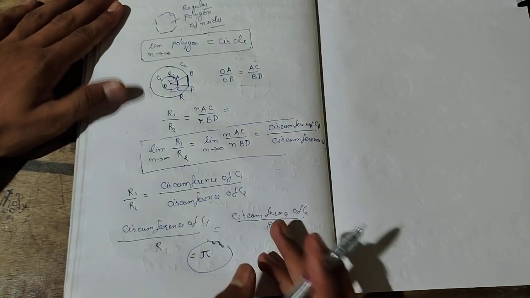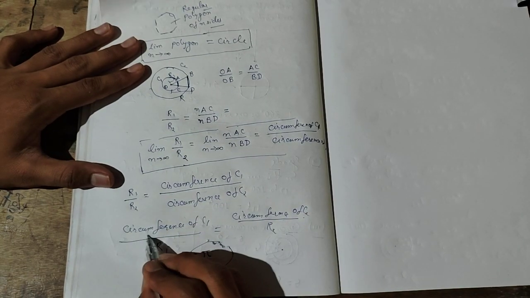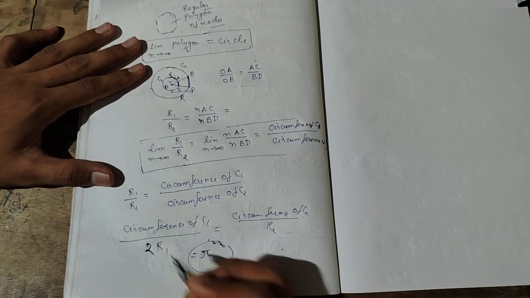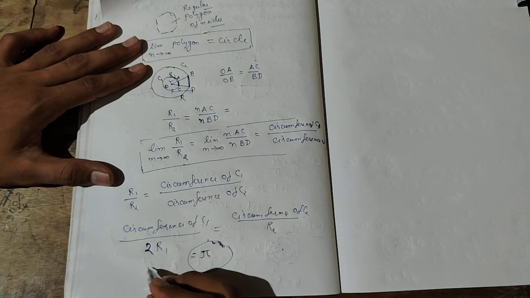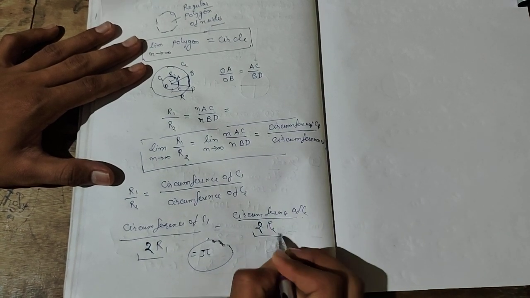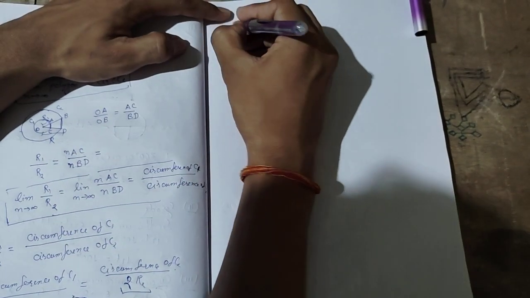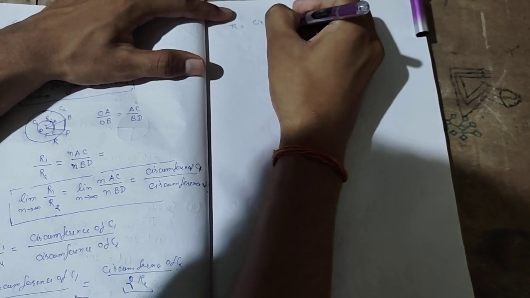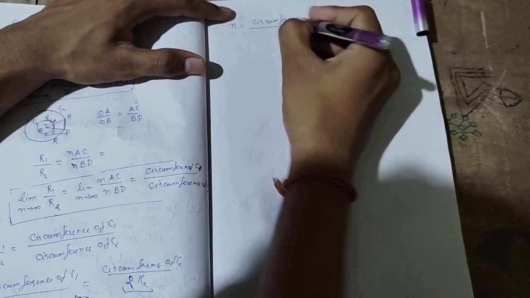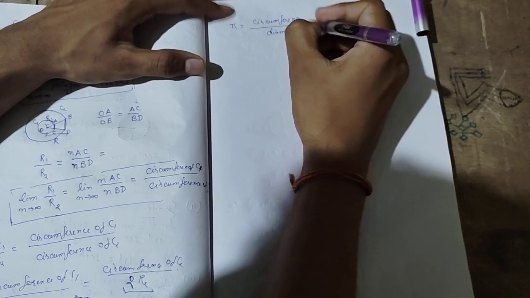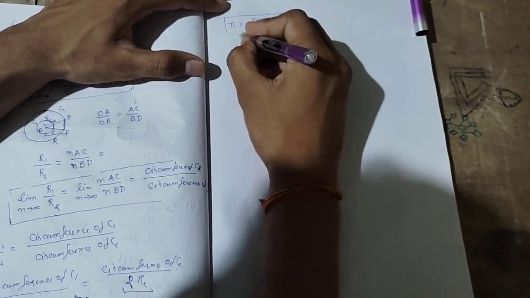Like that, we get the circumference C1 by 2R1, which is simply the diameter, and likewise 2R2. That's how pi is defined. So now we have defined pi as equal to the circumference by the diameter. That's the definition of pi.